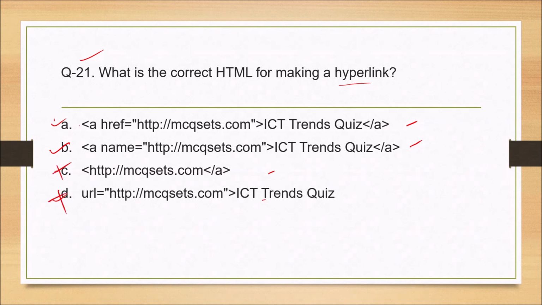In multiple choice type questions, generally you have to work this way: you must eliminate first of all the options which you consider cannot be the answer. So next, anchor tag href. Whenever we are specifying any URL, we have to specify that with the attribute href. We cannot specify that with the name attribute. So the correct option is href.